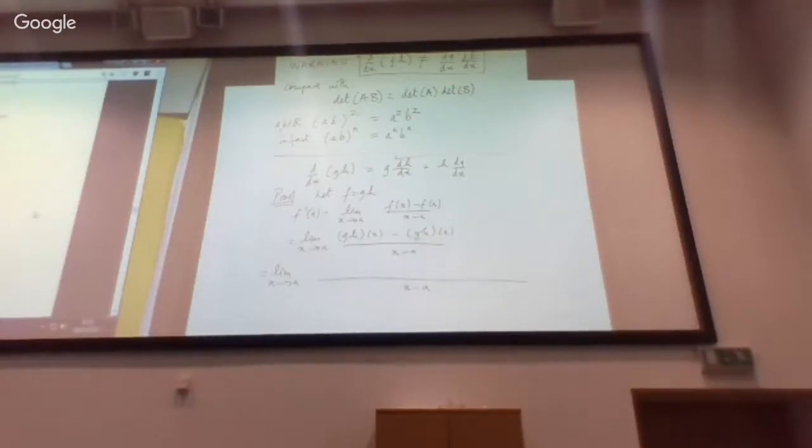And the way we're going to rewrite it is, first of all, I just want to put in an intermediate step. The definition of g times h evaluated at x is indeed g of x, h of x. And the definition of g times h evaluated at a is, of course, g of a, h of a. That's just the definition of the product of two functions.